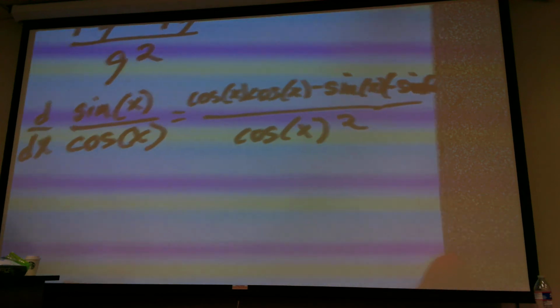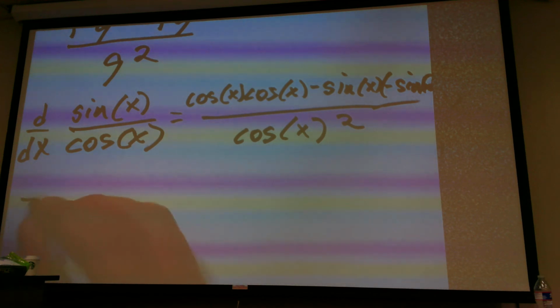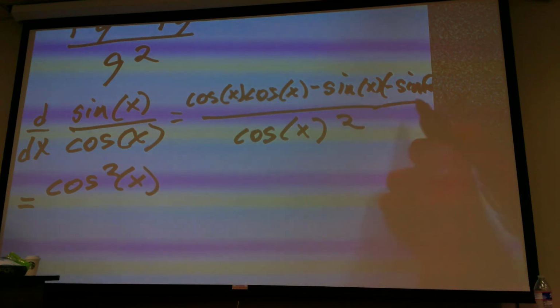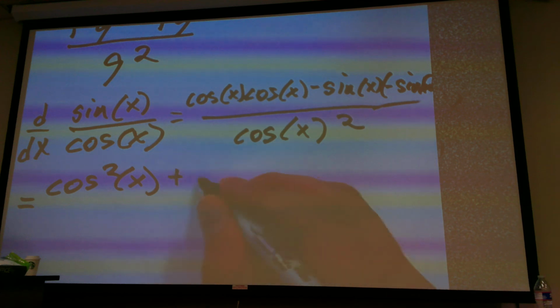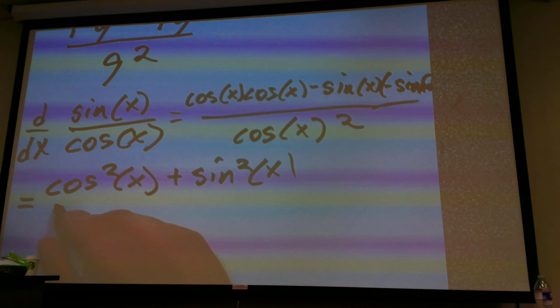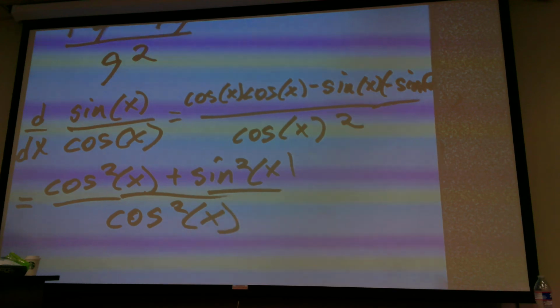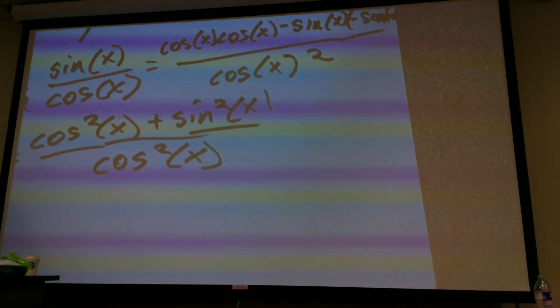So this becomes cosine squared of x, and sine of x and negative sine of x, well, the negatives cancel each other out. So that's plus sine squared of x, divided by cosine squared of x.